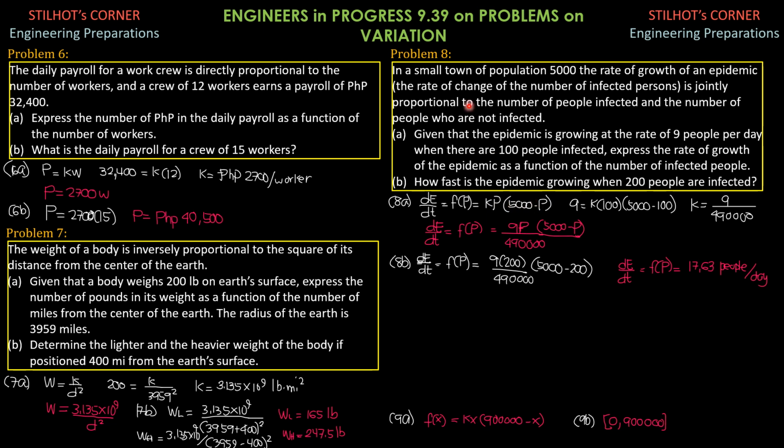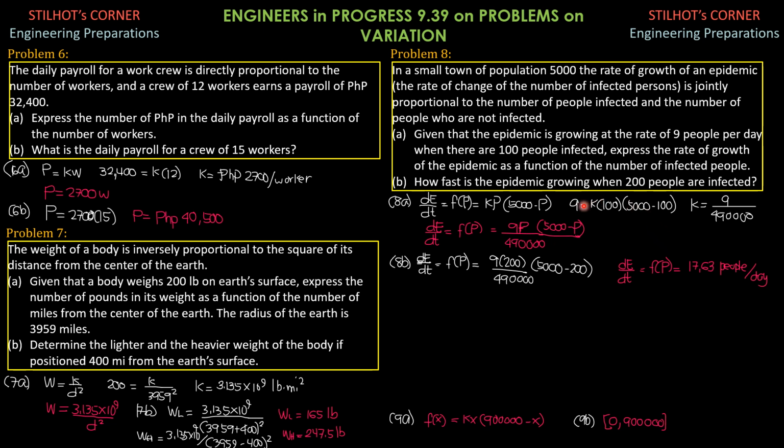And for the first question, given that the epidemic is growing at the rate of 9 people per day when there are 100 people infected, express the rate of growth of the epidemic as a function of the number of people infected.